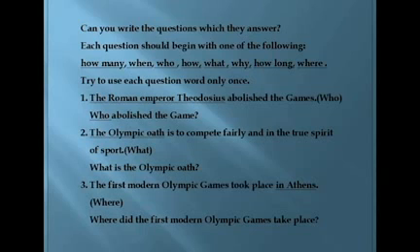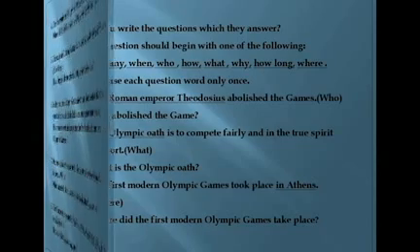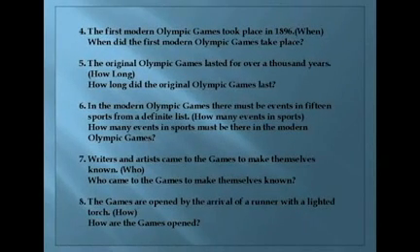3. The first modern Olympic Games took place in Athens. The answer: where did the first modern Olympic Games take place? 4. The first modern Olympic Games took place in 1896. The answer: when did the first modern Olympic Games take place? 5.